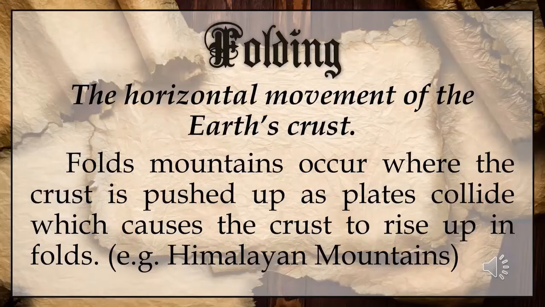Geologic folding is a type of Earth movement resulting from the compression of rock strata, or the rock layers. Bending, curving, crumpling, or buckling of rocks into folds is usually visible on the rock strata. An example of a landform created as a result of folding is the Himalayan mountains.